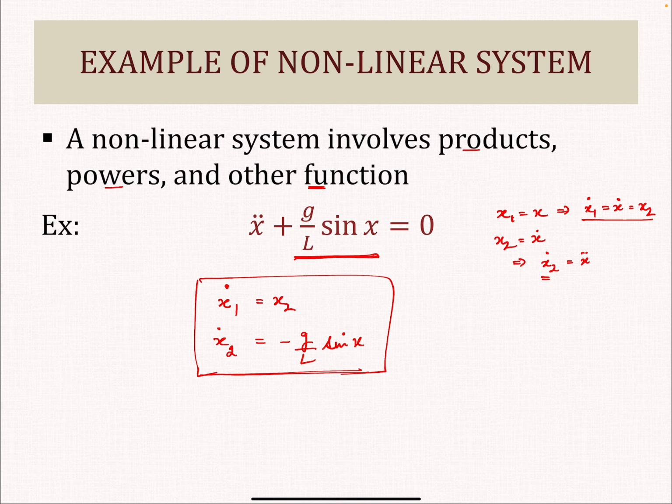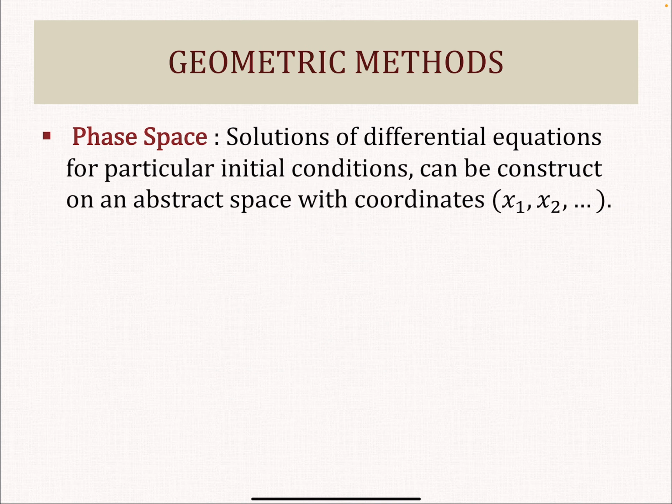So let's move ahead and learn a few terms. One is the phase space. This is an important thing because a lot of analysis of nonlinear equations can be done using geometrical methods. So first we will learn about the phase space. Any system, we know, is characterized by variables.